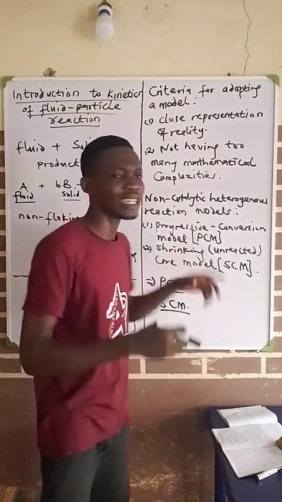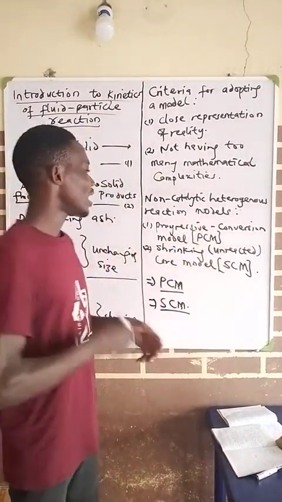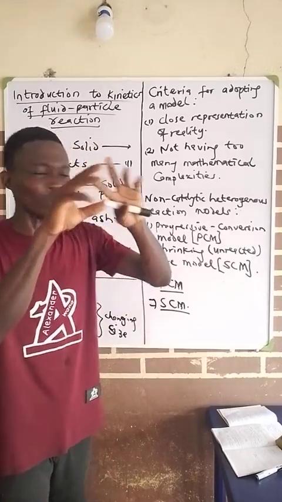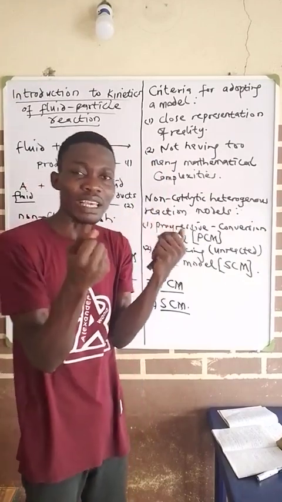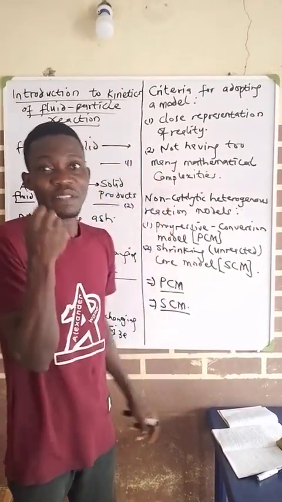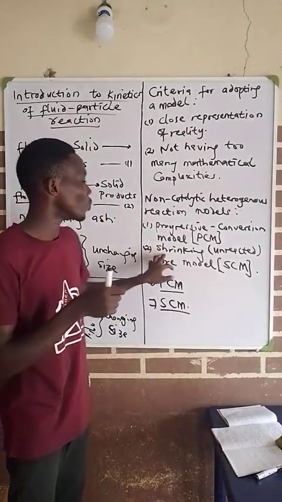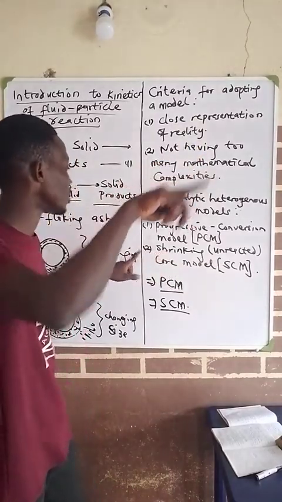So you see that burning of coal, burning of wood, burning of briquettes, and burning of newspaper, if you squeeze it into a very tight ball, all of them favor the shrinking core model.